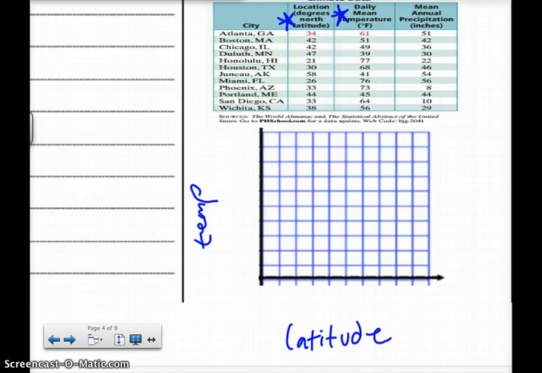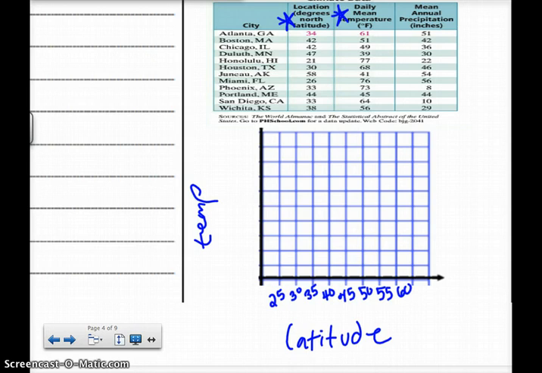Okay, so I'm looking at my numbers. Looks like I have 30s, 20s, 50s. So I go from 30, well, I have a 20 in there. So from 20 to like 58, 60. I'm going to try to do 5s. So make this 25, 30, 35, 40, 45, 50, 55, 60.